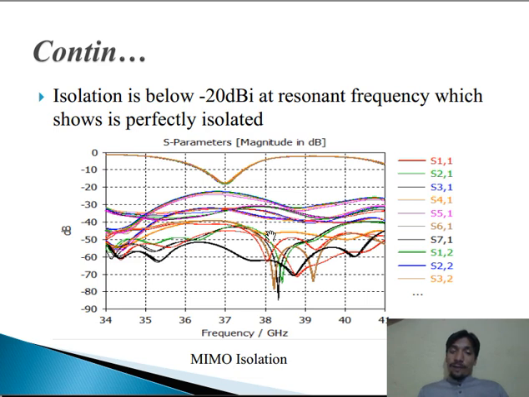These are the effect of one antenna on another antenna. We can also say these parameters are the isolation. As I told in the achievements, isolation is better than, that means less than, minus 20 dB. From this figure you can also see that.